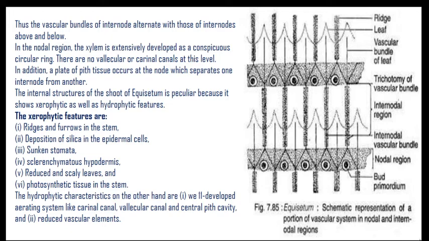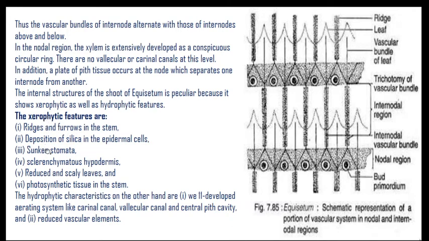Equisetum exhibits xerophytic features. Ridges and furrows are found in the stem. Ridges are developed and protected by sclerenchymatous tissues. Deposition of silica in the epidermal cells, along with sunken stomata, is again a xerophytic characteristic.